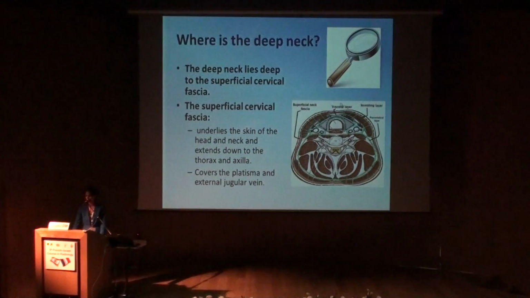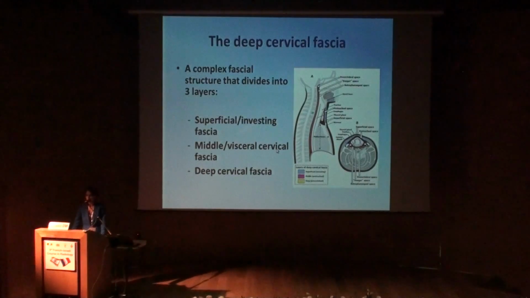We have the superficial cervical fascia, which is just under the skin, and it contains the platysma and external jugular vein, and it runs all the way down to the thorax and axilla. Deep to it, we have the deep cervical fascia, which is divided into 3 layers. The superficial layer of the deep cervical fascia encircles the entire neck.